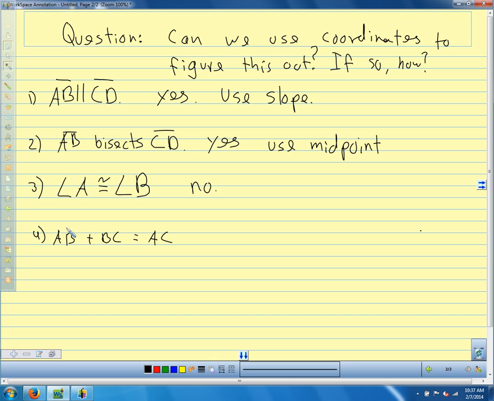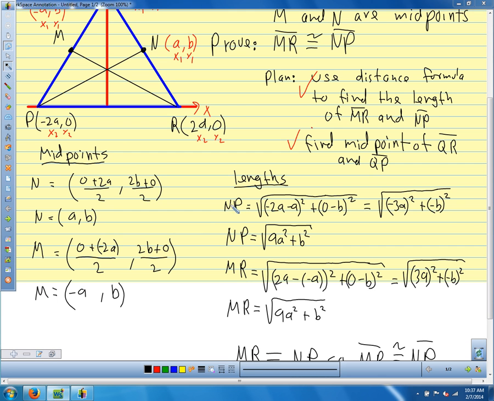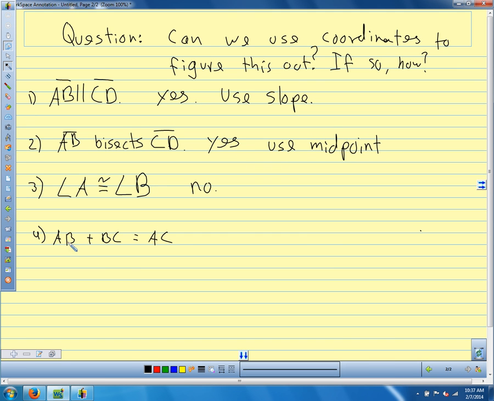The side, or so let's go back here to what we did in our proof. I said NP without a bar over the top was this. What is this telling us about the segment? Here's the hint. The length. We're talking about lengths. So this is the length of a segment. This is the length of a segment. This is the length of a segment. Can we figure out about lengths of segments with coordinate geometry? Yes, using what? Distance formula.